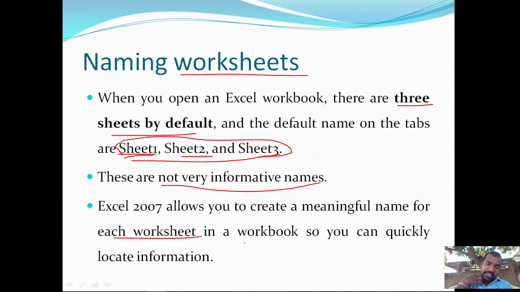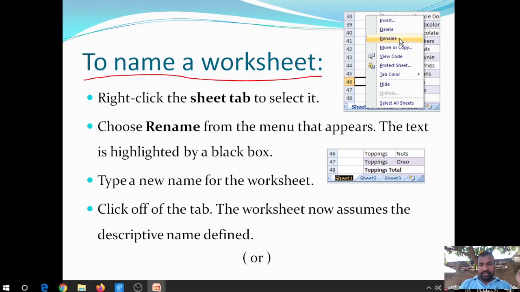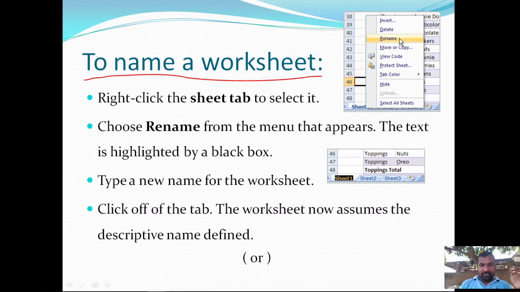So we can assign any kind of name to the worksheets to locate them. So naming is helpful while locating the worksheets. So let us talk about naming a worksheet.